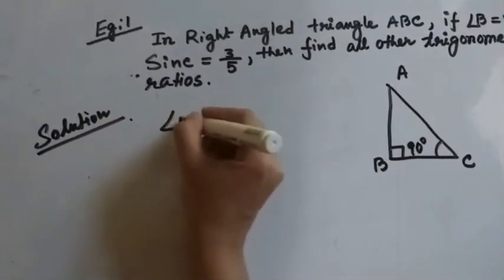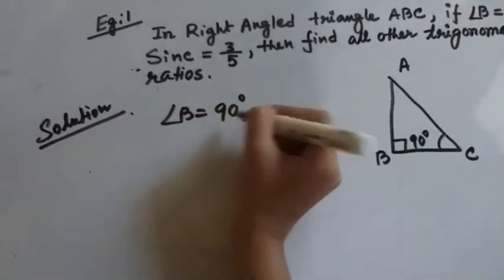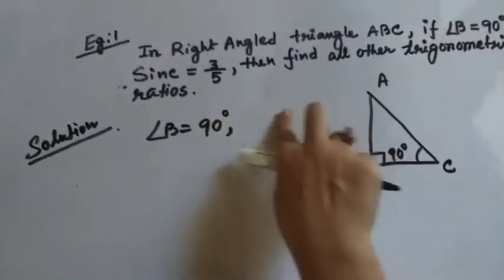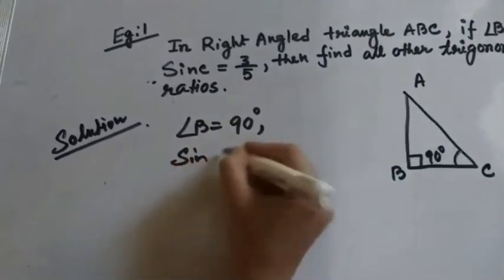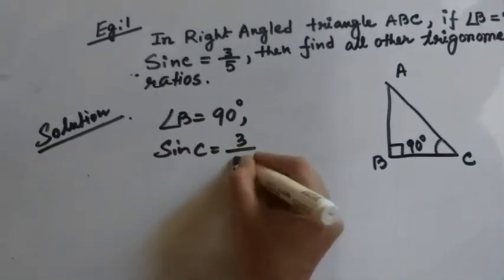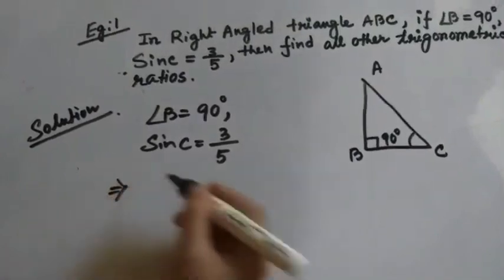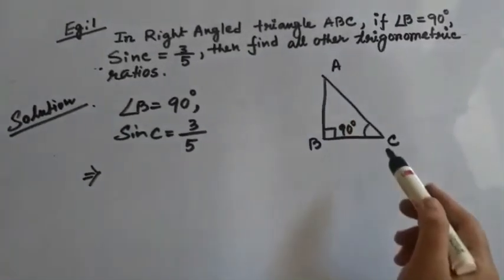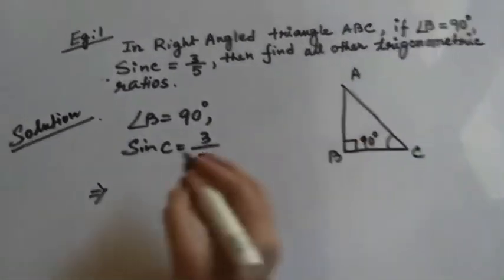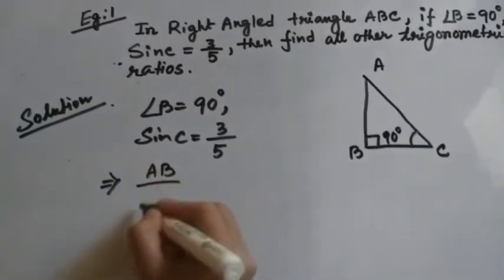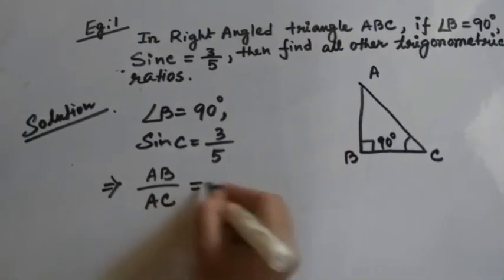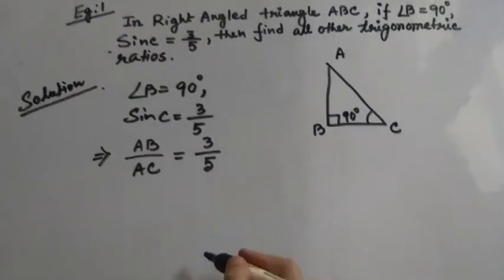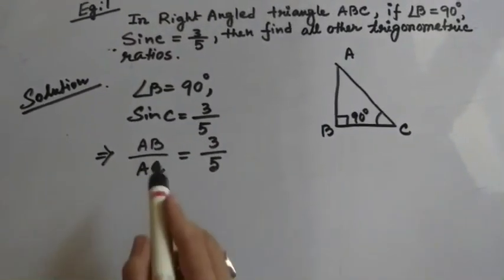What is given? Angle B equals 90 degrees and sin C equals 3 by 5. What is the ratio of sin C? The ratio of sin C is perpendicular divided by hypotenuse, that means AB by AC. So AB divided by AC equals 3 by 5. 3 by 5 is a ratio, so we cannot say that AB equals 3 and AC equals 5.